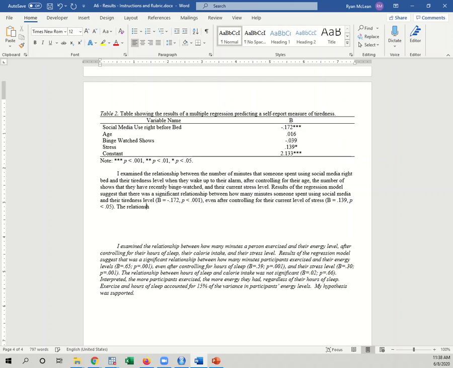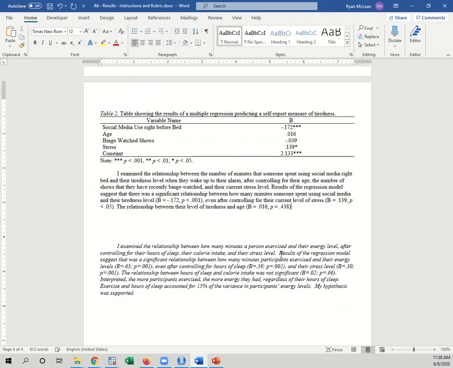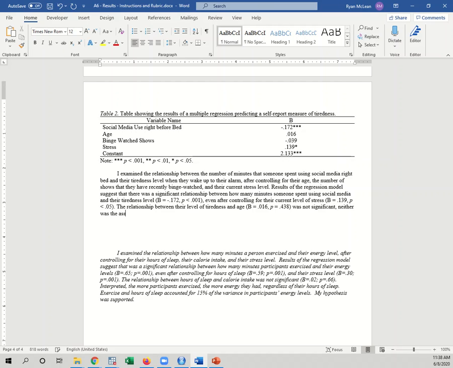And then come down the relationship between age, I'm going to list my dependent variable here, so their level of tiredness and age, and I'll say B equals 0.016, p-value equals, because it's non-significant, I'm going to come in here and the p-value is 0.438. 0.438 was not significant, neither was the association, just to be different from relationship, between the level of tiredness and the number of shows they recently binge watched.